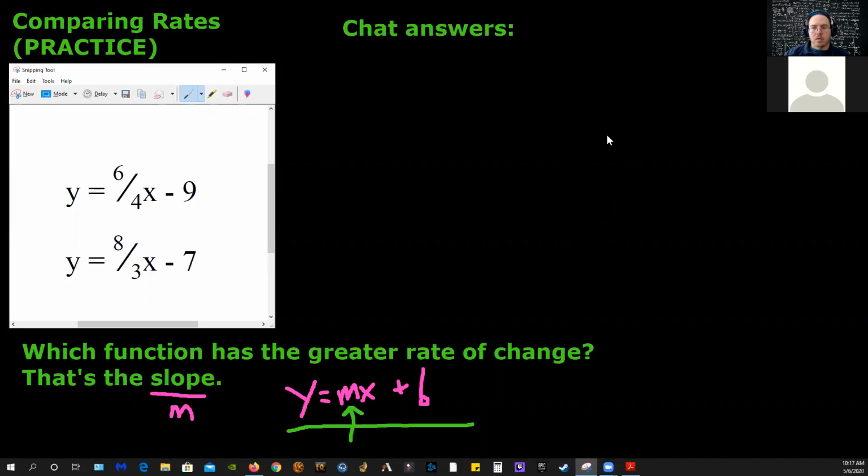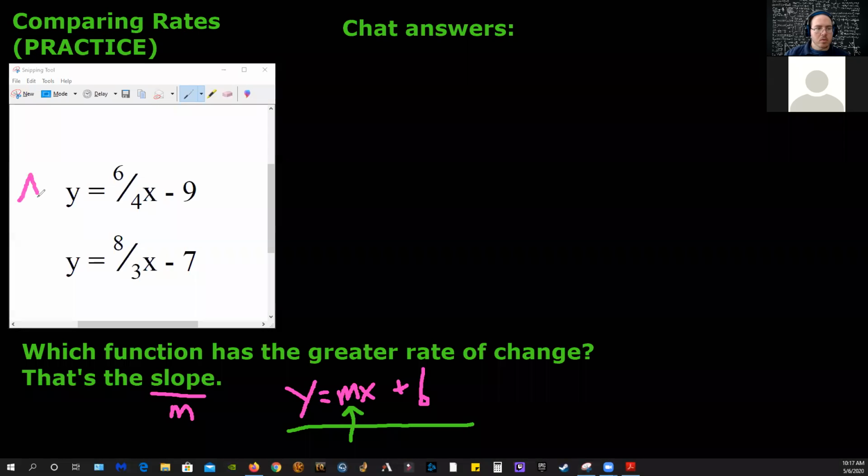Okay, let's start with A. Let's go ahead and figure out what is the slope. Just looking at the equation, because you know how it works. What's the slope for equation A?